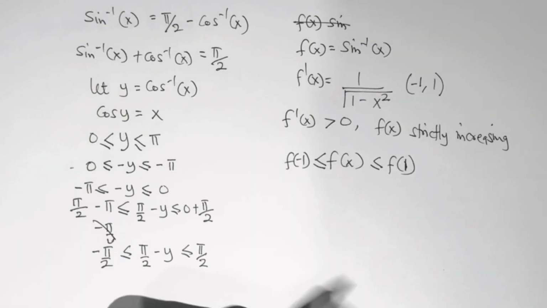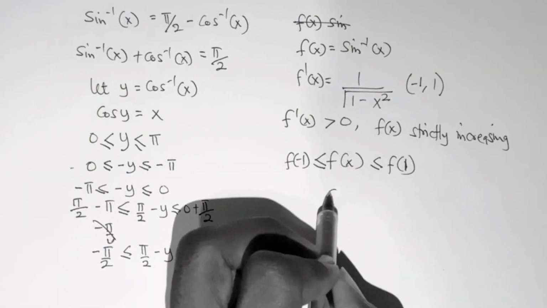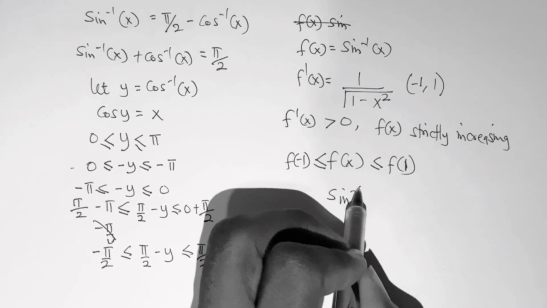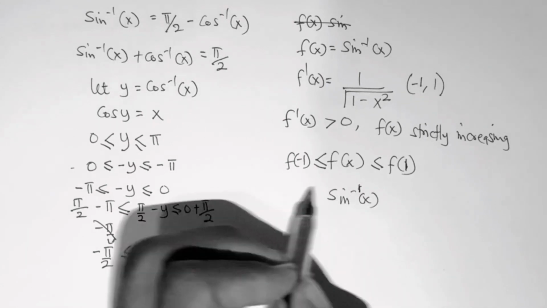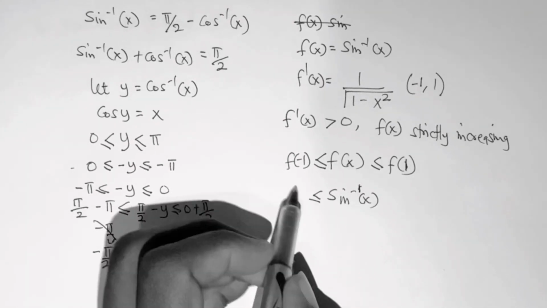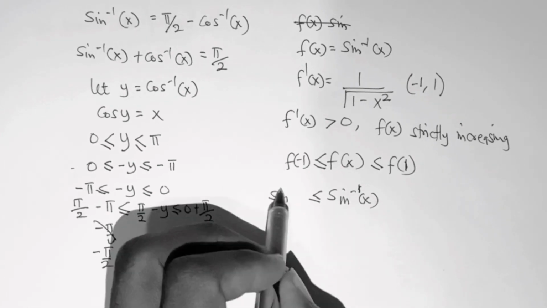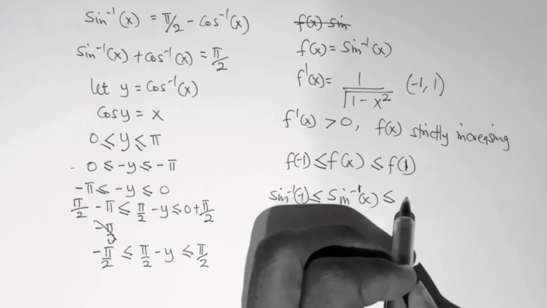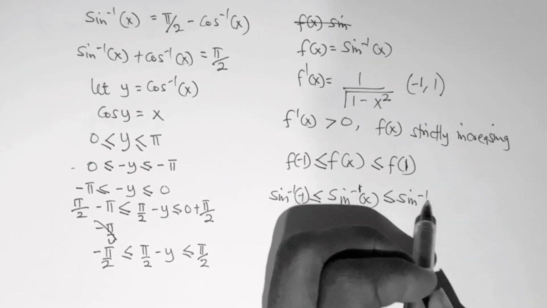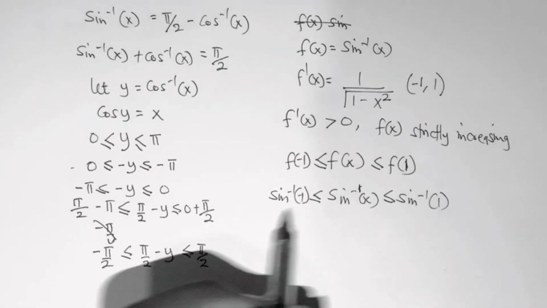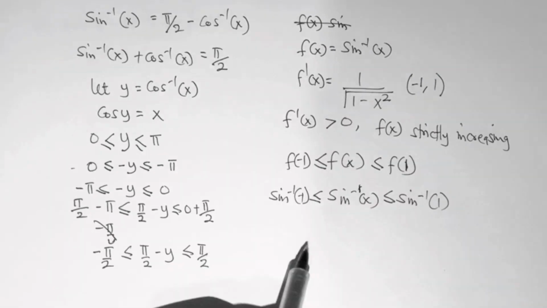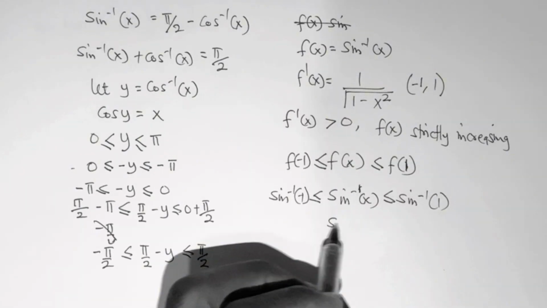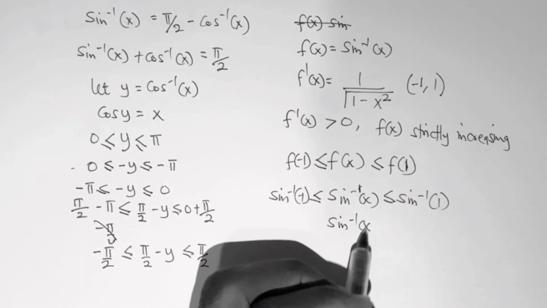So sine inverse of x is greater or equal to sine inverse of minus 1, but less than or equal to sine inverse of 1, because f of x is equal to sine inverse of x.